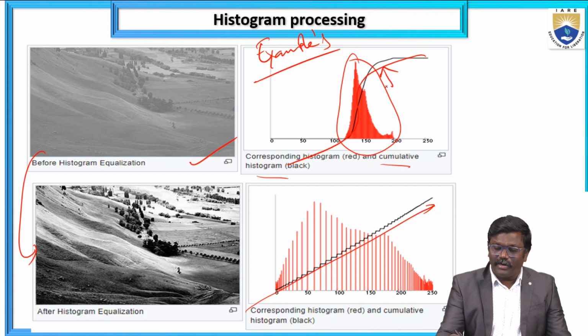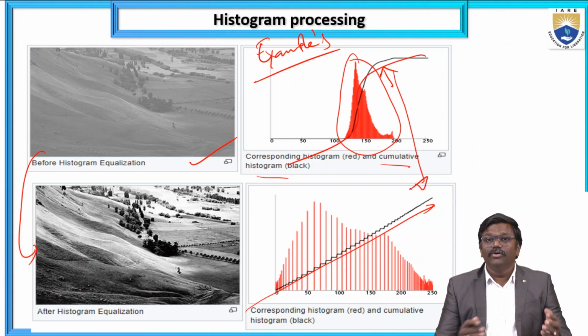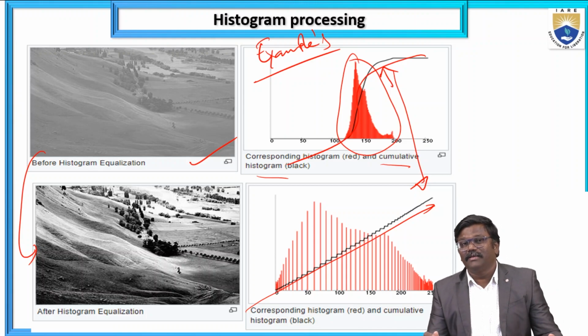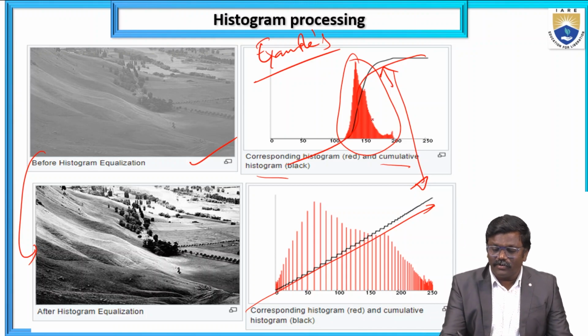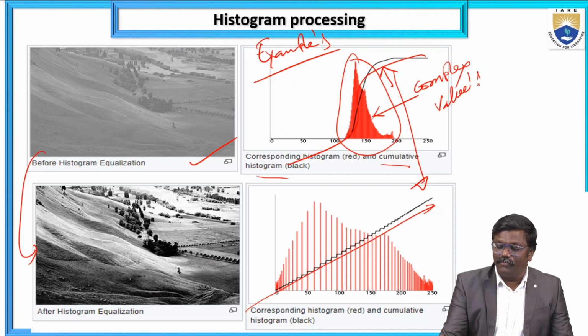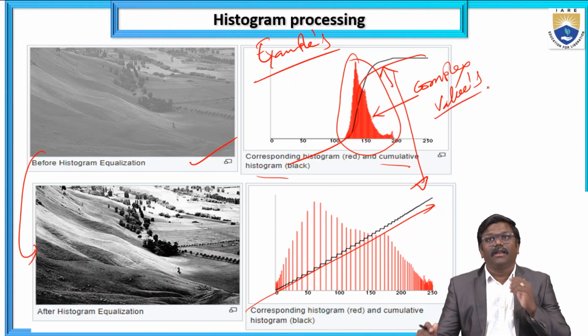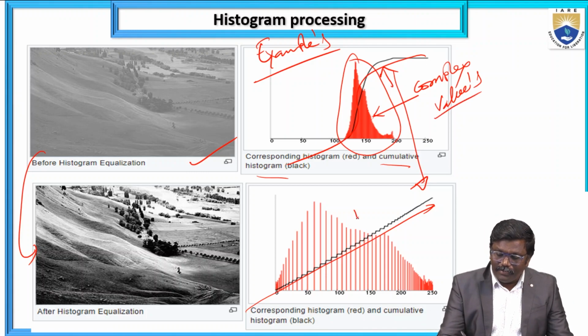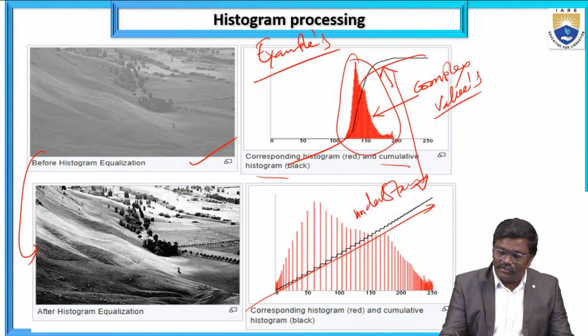What we understand from S curve to linear curve is that the required equalization is reached. The histogram before is very complex, with values that are not understandable, but afterwards the values are 100% understandable.